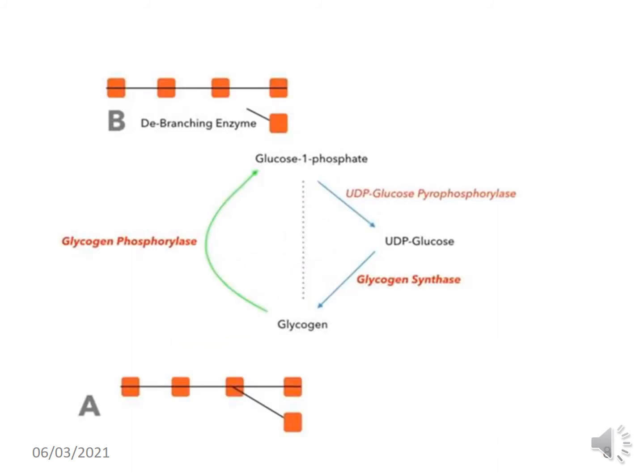The branching enzyme is shown as I showed in the previous slide. This one, the branching enzyme, was in this form, and we have removal of glucose molecules from glycogen, by glycogen phosphorylase. The glucose is converted to glucose 1 phosphate, then to glucose 6 phosphate, and then undergoes glycolysis.